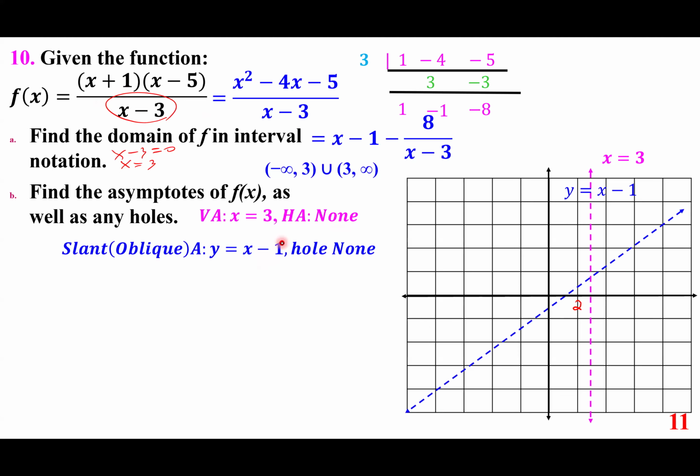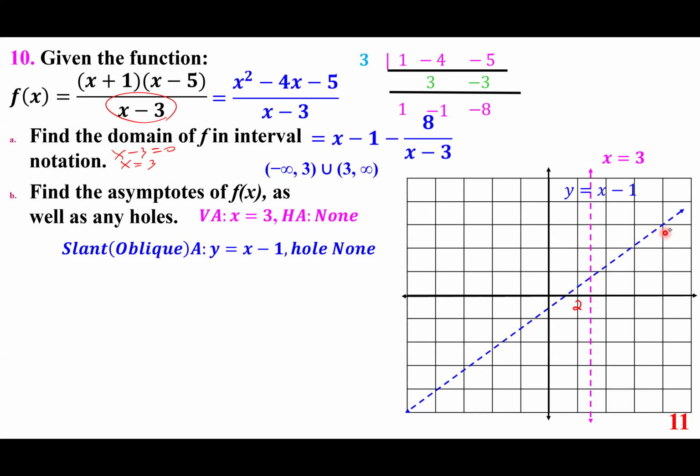Obviously, 0, minus 1 is here, and if y is 0, x becomes 1. 1, 0 is here, 0, minus 1 is here. So roughly, this is the graph. Again, it doesn't have to be to scale, but it's close, okay?